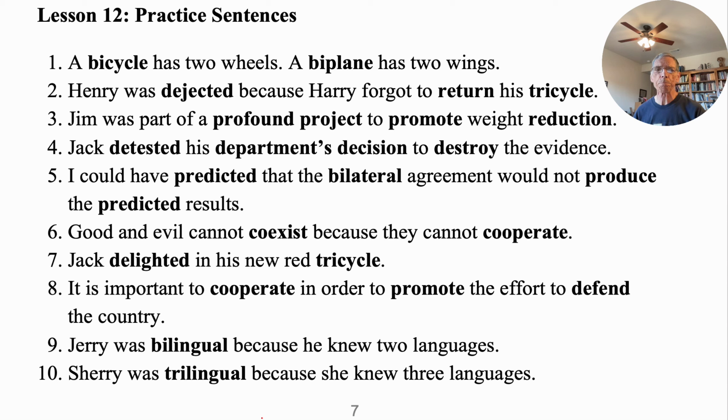And this is true of any country. You've got to defend your country, or someone could take it over and take away the freedoms that your forefathers fought to give us. Number nine, Jerry was bilingual because he knew two languages.